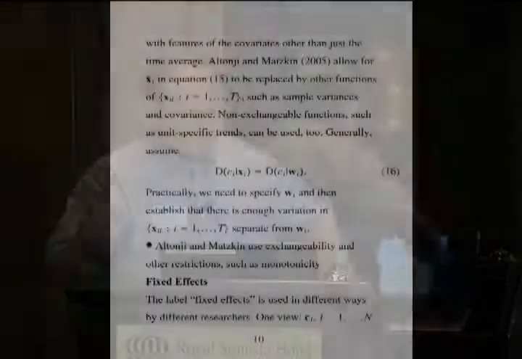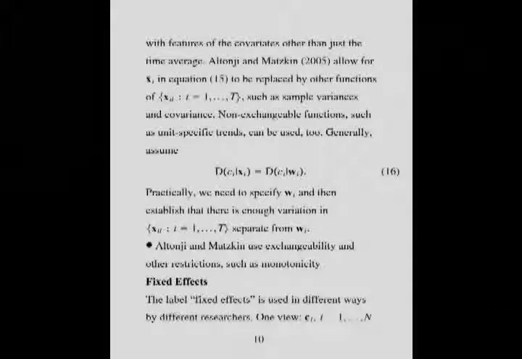Of course, as you get more and more time periods, you can allow the heterogeneity to be correlated with more features than just the time average. And this is one of the insights in the Altonji and Matzkin paper, is to allow the heterogeneity to be related to other features of the time series properties of the covariates.